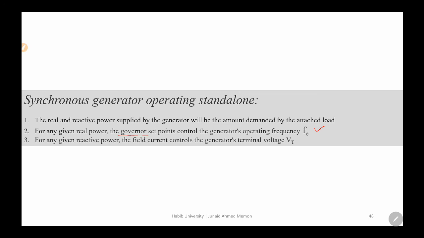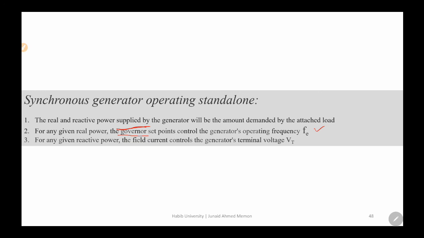The governor is basically the control system for the prime mover, which controls the speed of the prime mover. So whatever the set point of the speed of the prime mover is, that basically decides the operating frequency of the synchronous generator.